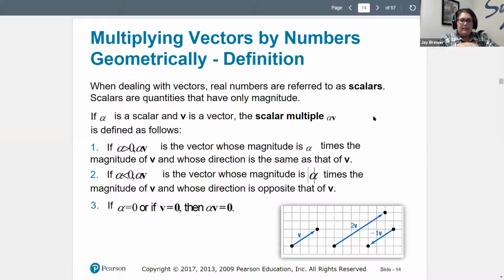If alpha is less than 0, then the magnitude is the absolute value of alpha times the magnitude, in the opposite direction. If alpha is equal to 0, or if the vector is equal to 0, then no matter what, we get 0. So that still holds true.